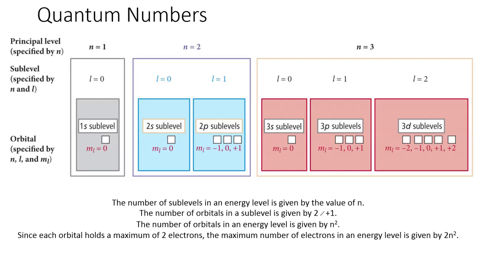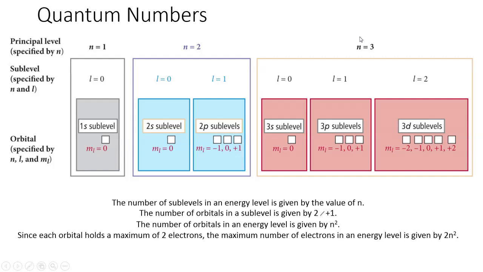Since each orbital has a maximum of 2 electrons, the maximum number of electrons in an energy level is given by the formula 2n squared, where n is the principal quantum number. Let's pick on n equals 3. 3 squared is 9. 9 times 2 is 18.